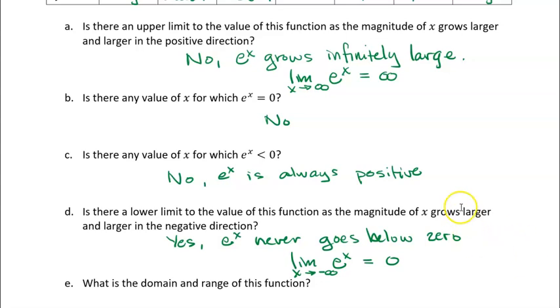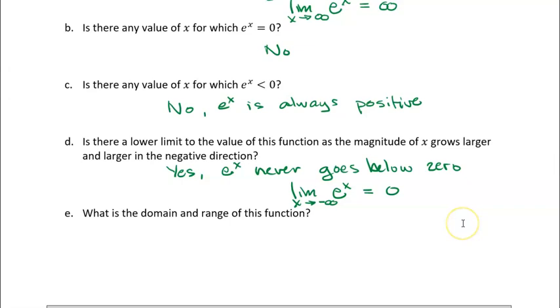All right. So based on that, let's see if we can figure out what the domain and range of this function is, right? The domain and range of e to the x. So let's first of all start with the domain. So remember what domain means. It's the set of all input values, so our x values. And so are there any x values that are off limits, that we can't put in?